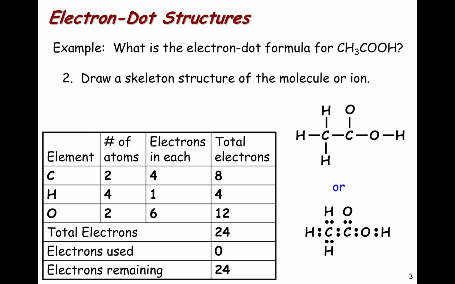This then results in the formation of the so-called shared pairs of electrons. There are 2 electrons for each of the lines seen above, or what you see down below. And so there's a total of 2, 4, 6, 8, 10, 12, 14 electrons that we've used at this stage.